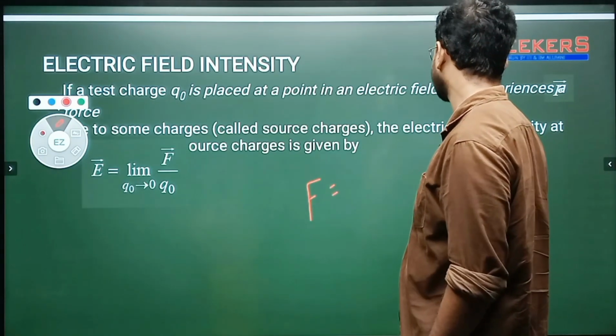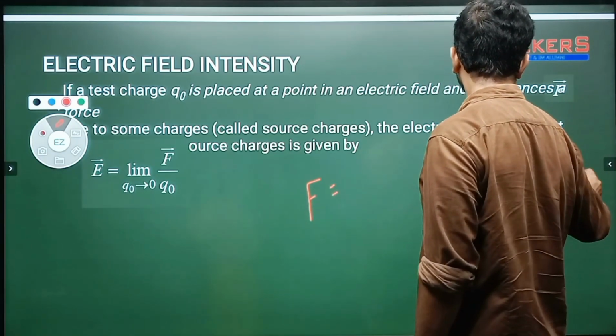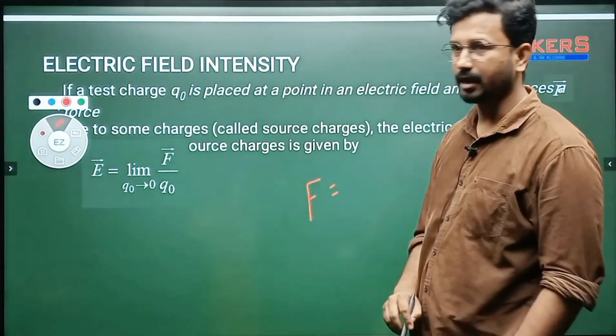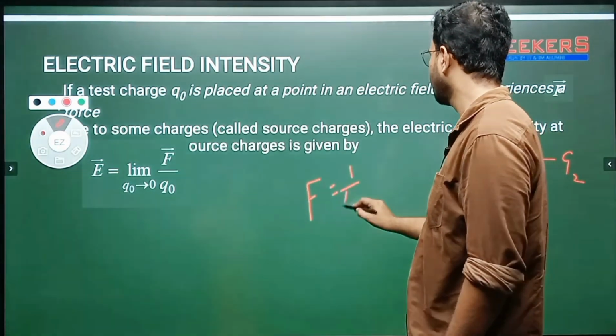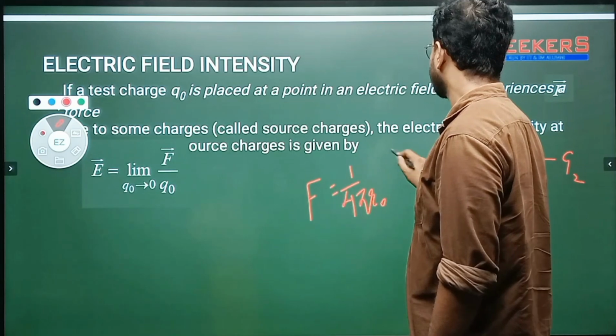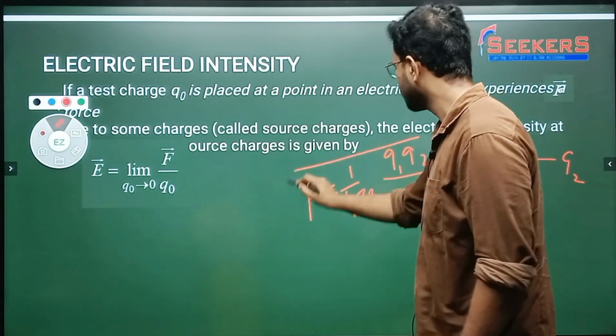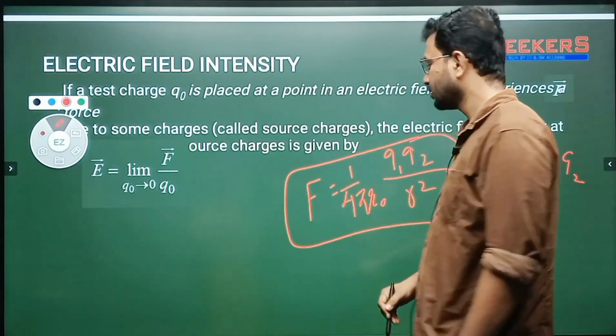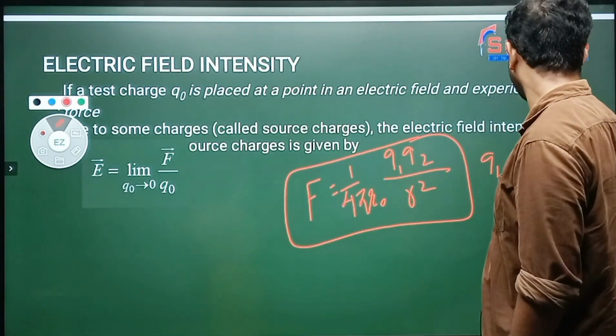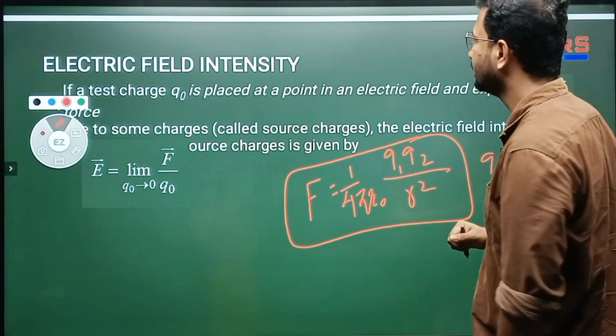If we have two charged particles, Q1, Q2, separated by some distance r, the force between them will be 1 by 4 pi epsilon naught Q1 Q2 by R square. This is the force exerted by Q1 and Q2, or Q2 and Q1, whatever you can say.